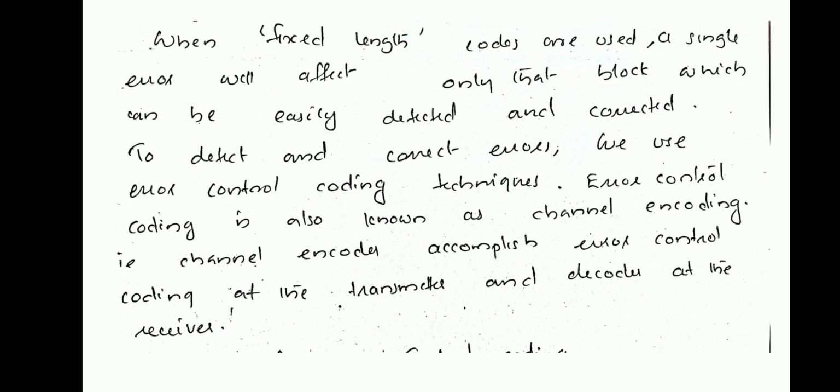Previously we studied what is information and how we can code the messages. Now we can see how we can encode our channel. A channel encoder is used for error control coding at the transmitter, and we use a decoder at the receiver. Now we are going to study the coding techniques used for channel encoding as well as decoding.